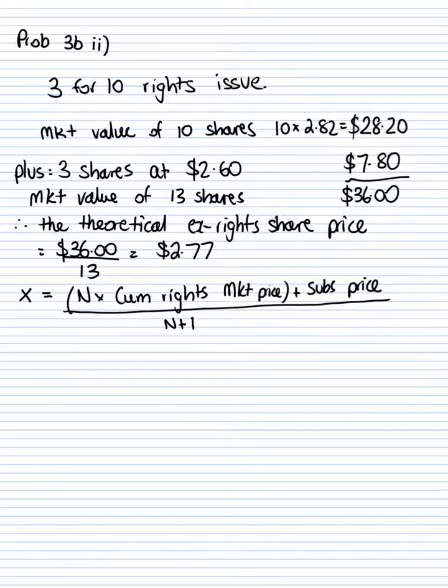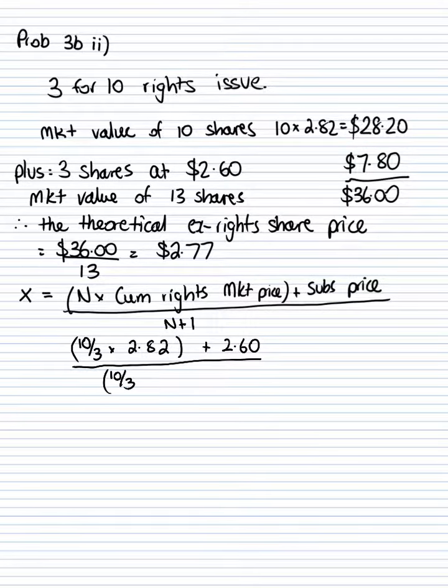So N is the number of shares that you need to own to have the right to buy 1 share. So that will be 10 over 3 times the cum rights market price of $2.82 plus the subscription price of $2.60 divided by N, 10 over 3 plus 1, and I get the same answer.